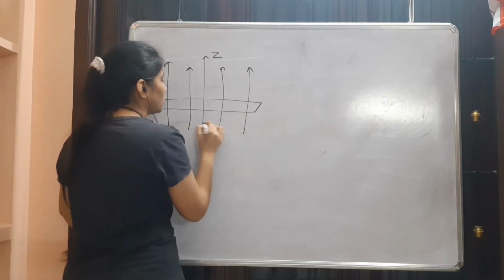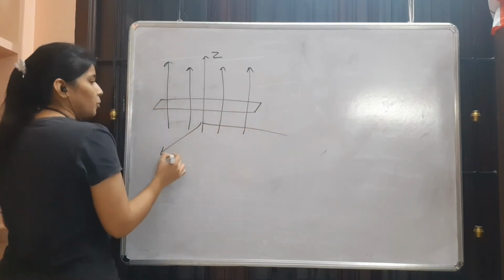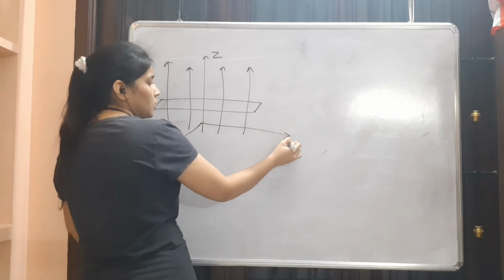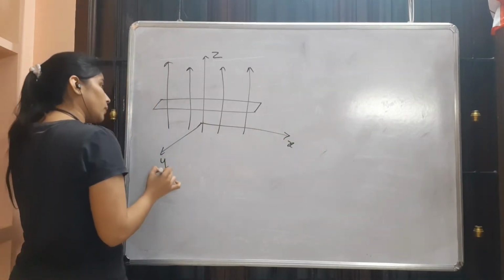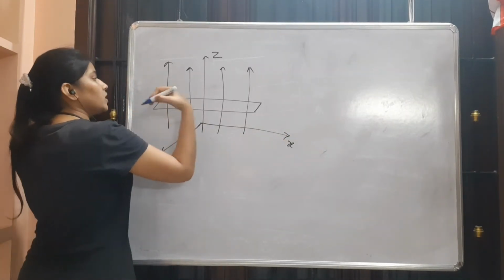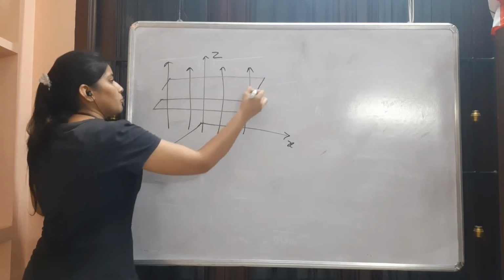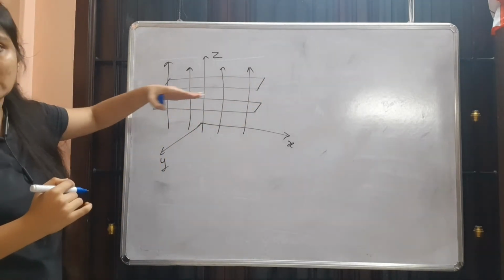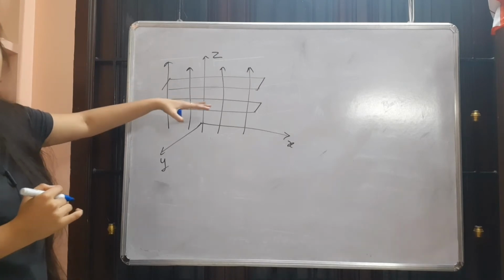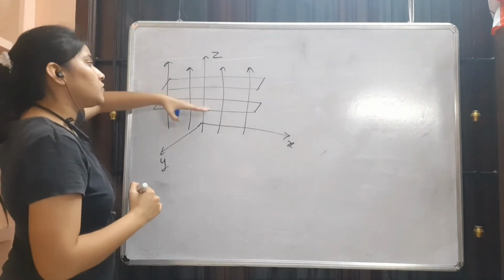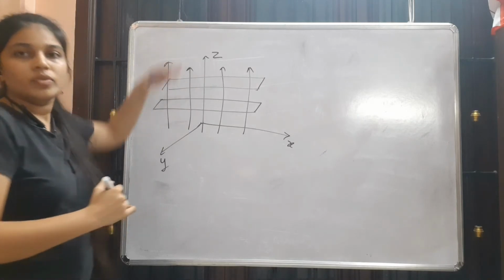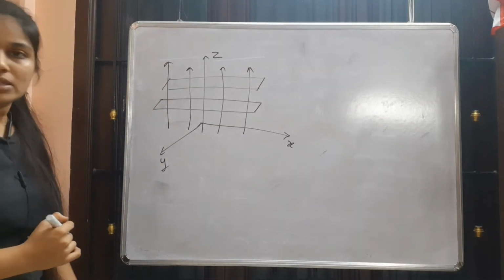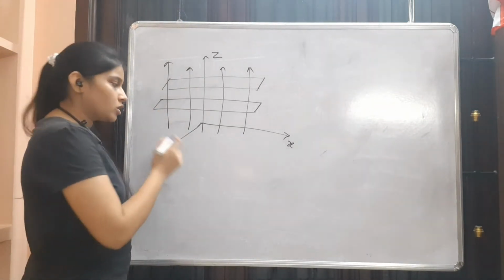How do you imagine the equipotential surface to be? If this is the x-axis and this is the y-axis, you will have planes which are perpendicular to the z-axis, which means the xy plane. All the planes which are parallel to xy are equipotential surfaces. So that was the first one.